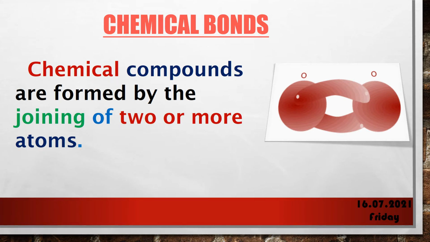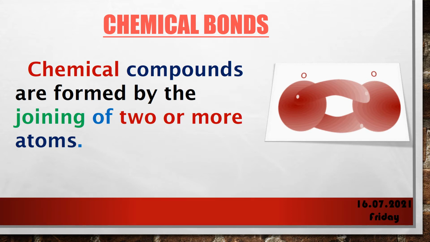Chemical compounds are formed by the joining of two or more atoms. For example, if we take a water molecule, it has hydrogen and oxygen.